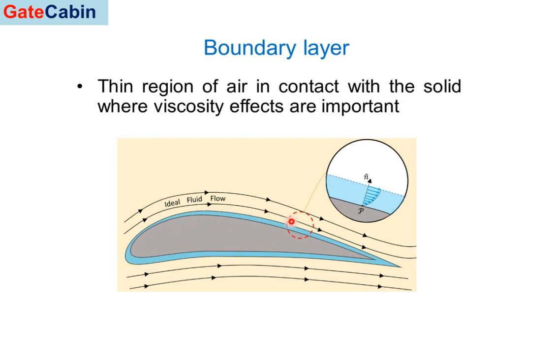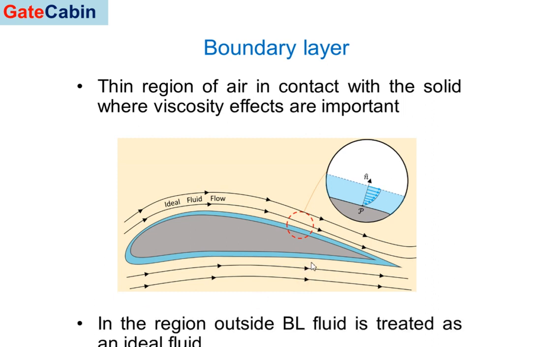If we call this region the boundary layer, then the liquid outside the boundary layer remains unaffected, and it moves with the uniform stream. Only the behavior of the fluid in contact with the solid surface undergoes variations, and everything outside this boundary layer region is treated as an ideal fluid.